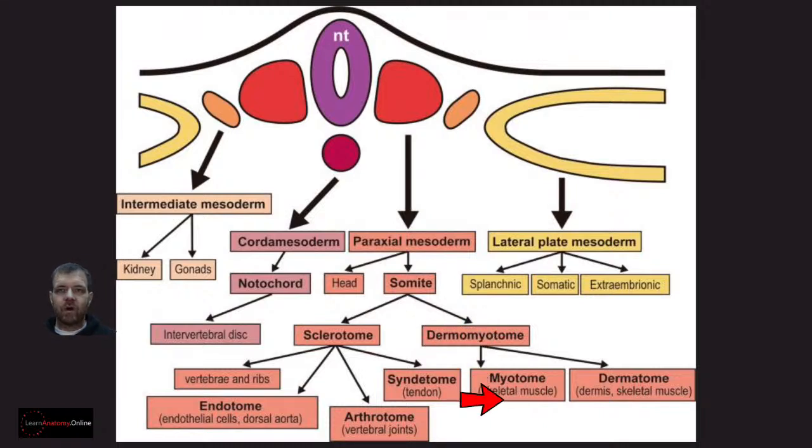And then down here we've got myotome, which is skeletal muscle, and dermatome, which is the skin. So we will have areas of the body that are developing in that somite where they're linked.